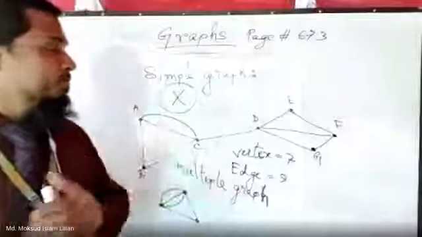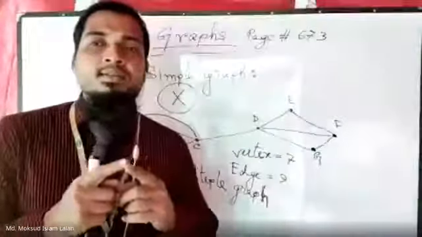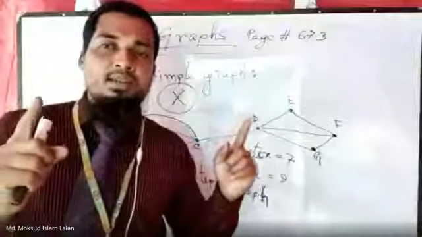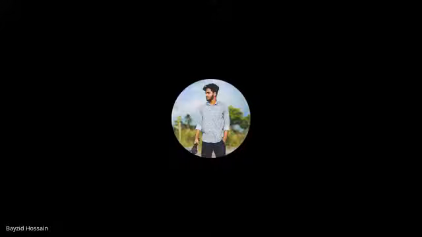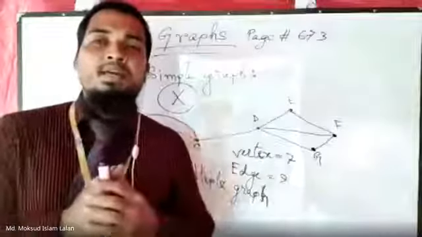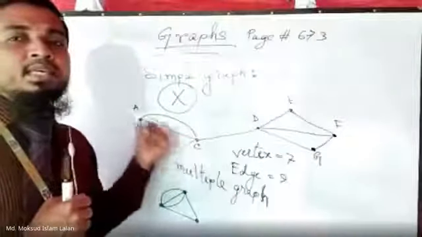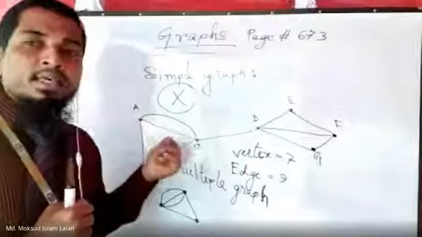Now coming to the simple graph. Each edge is connected with two vertices, right? I mean the relation is specific: you will get a single edge between any two vertices.